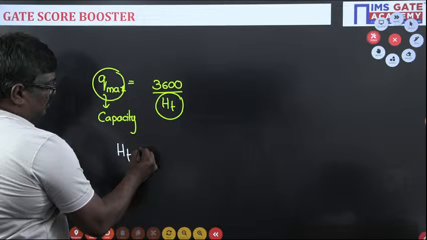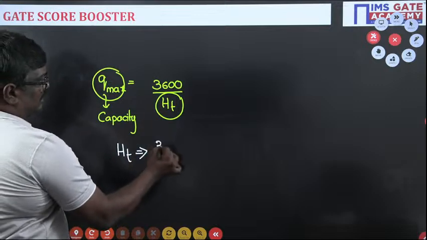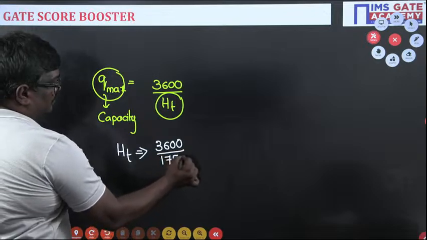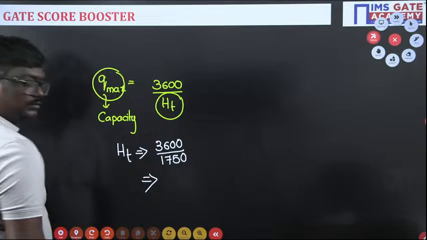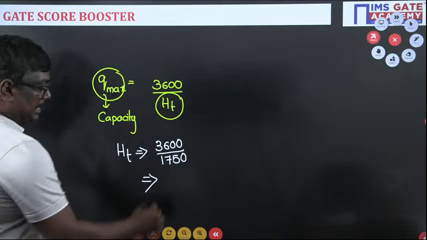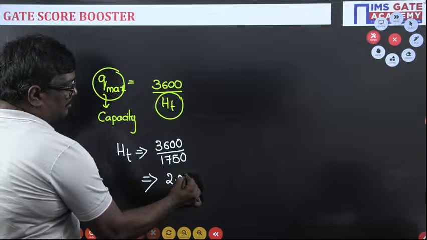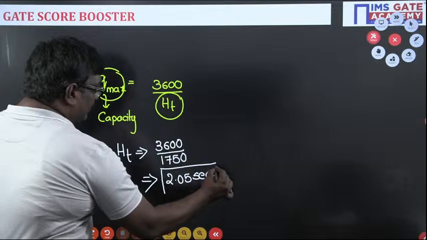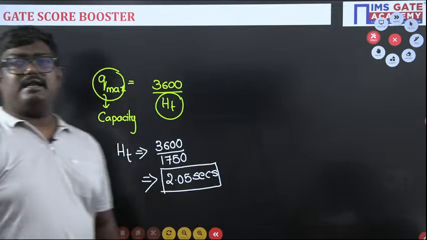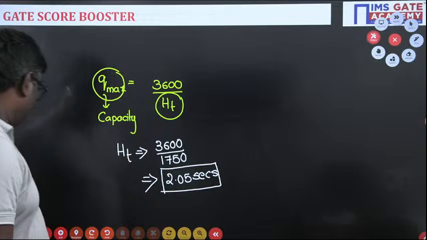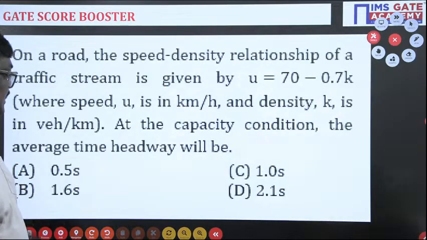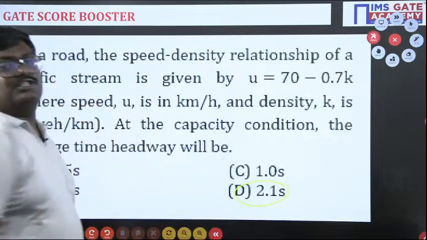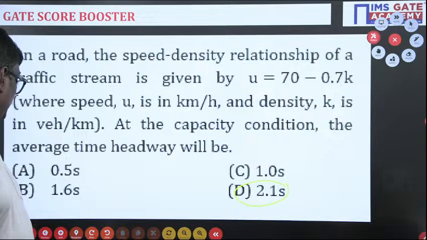So 3600 divided by 1750 will be roughly 2.05 seconds. So the time headway will be equal to 2.05 seconds. If you compute, you will get 2.055, or you can write the answer as 2.1 seconds.